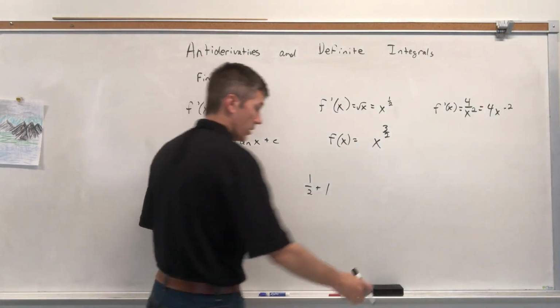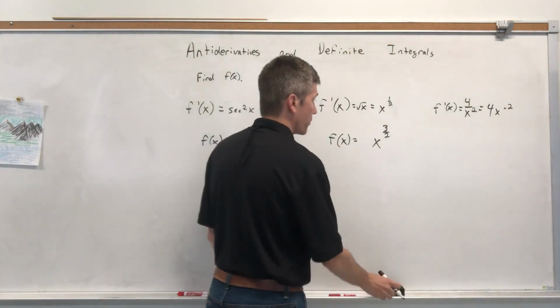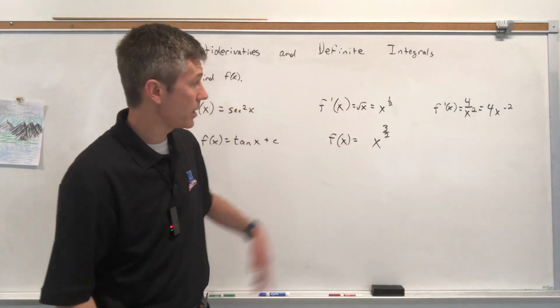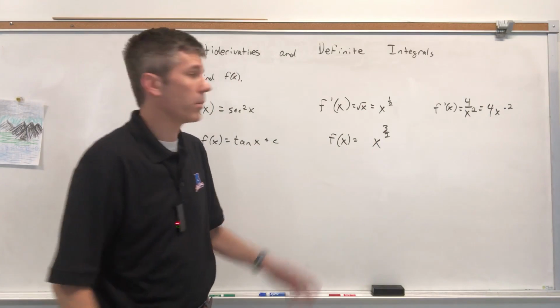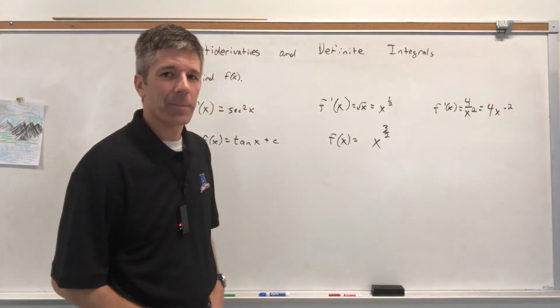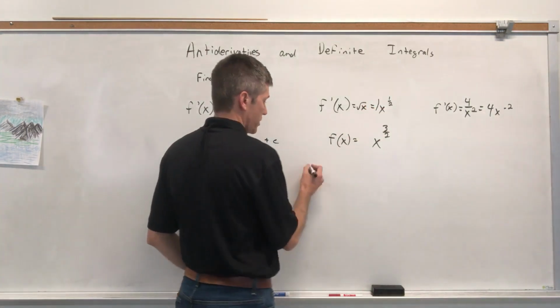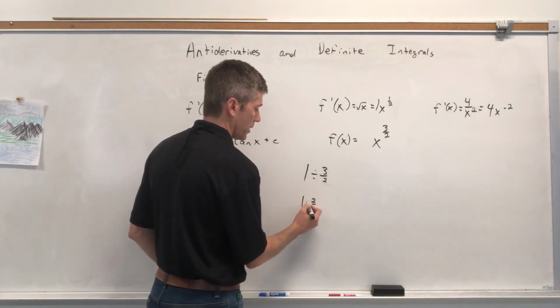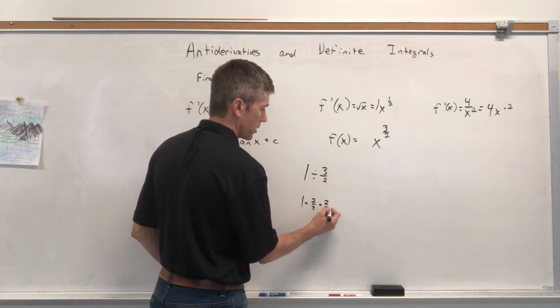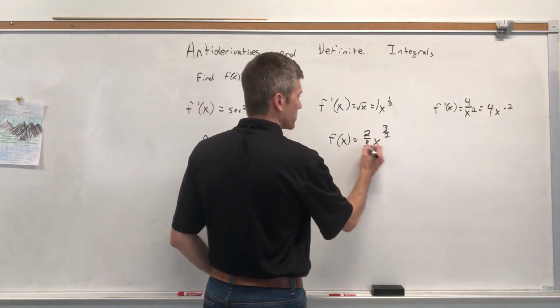And then how are we going to figure out our coefficient? You have a couple ways of thinking about it. Something times 3/2 gives me 1. I wonder what it could be. You can figure it out. Or you could say old coefficient divided by new exponent, which gives me 1 times 2/3, which is 2/3. So 2/3, and then plus c.